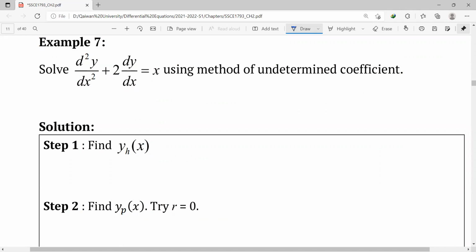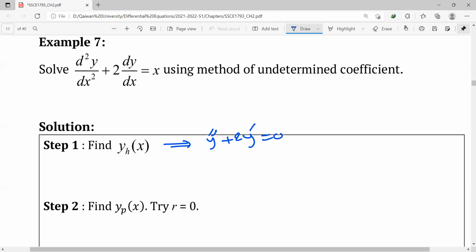In the right hand side you have x, so you put 0 to the right hand side. I'm just going to write down in this form: y double prime, instead of d squared y by dx squared, plus 2y prime equals 0.